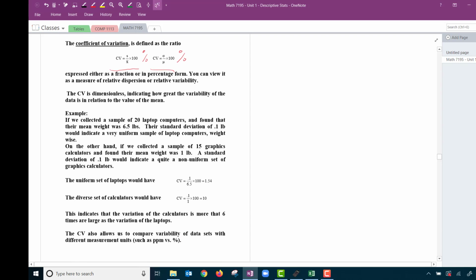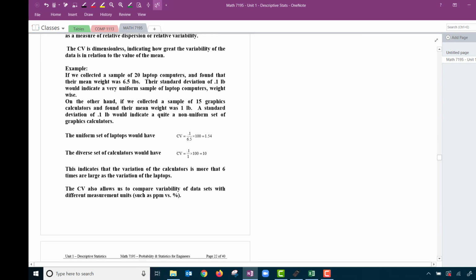I did a little example here comparing laptops to graphing calculators. I collected 20 laptops from my students and found that they weighed on average 6.5 pounds. The standard deviation of those values was 0.1 pounds.